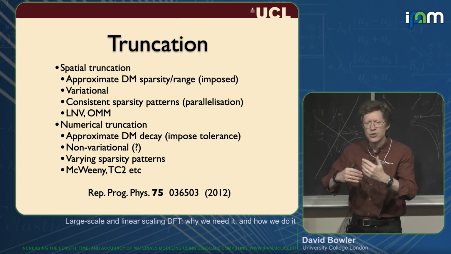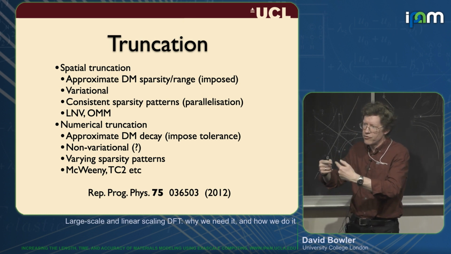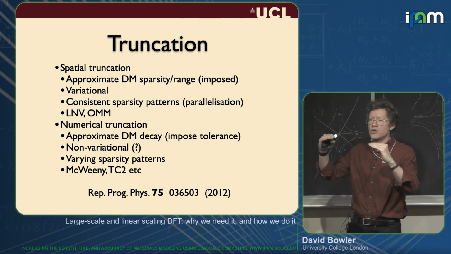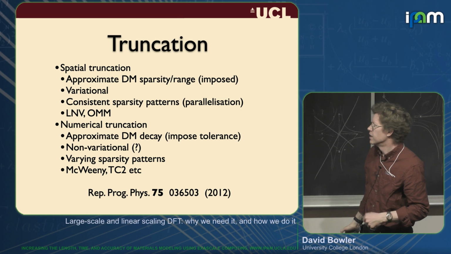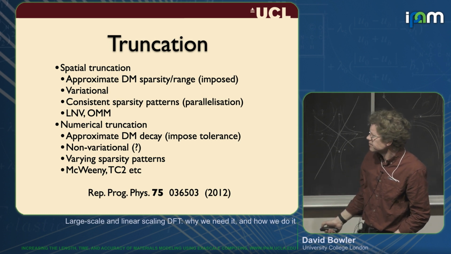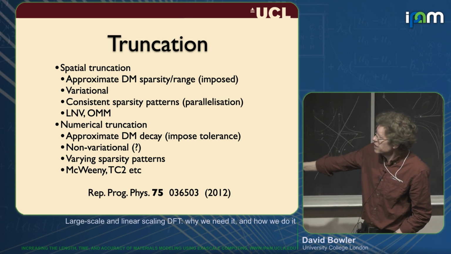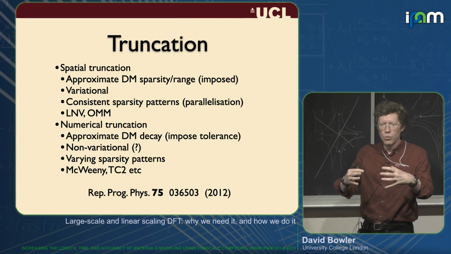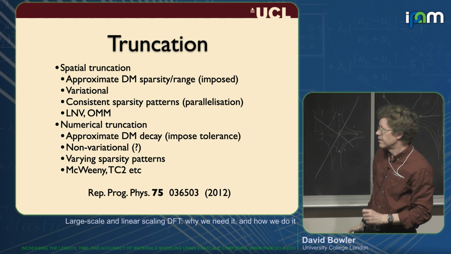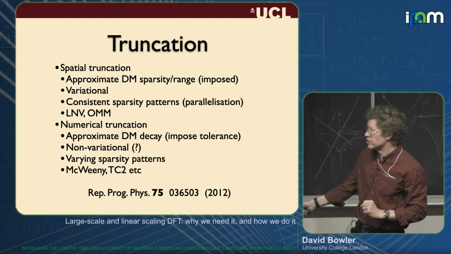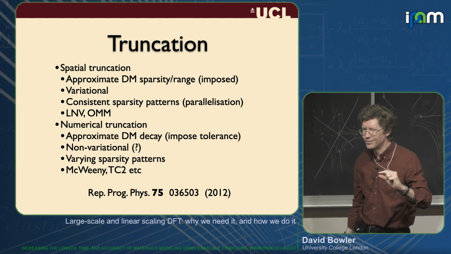That's where you do an iterative approach to finding the density matrix, and at every step of the iteration, you throw away elements that are less than a certain threshold. And so there you're imposing a tolerance. Spatial truncation is definitely variational with the range that you're imposing. I don't think numerical truncation is variational with the threshold.